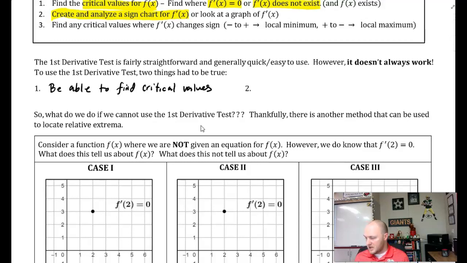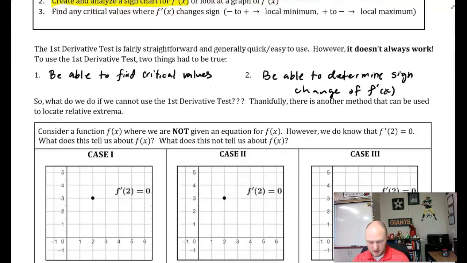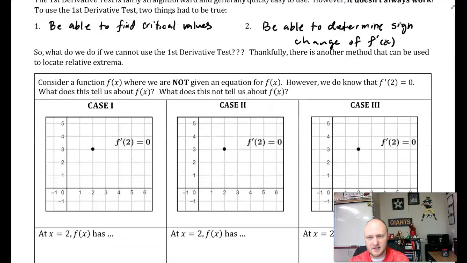Two, if we are able to determine sign change of f prime of x. So what if we cannot use the first derivative test? Thankfully, there is another test that can be used to determine local or relative extrema.